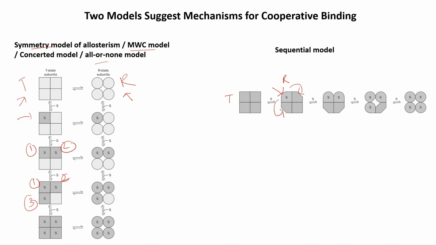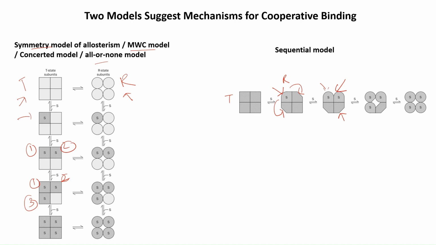Like you can see, these two subunits are the neighboring subunits, so their shape changes a little. Now, the binding of the second ligand to the second subunit will change the shape of the subunit neighboring that subunit. So likewise, when the ligands are getting attached, the subunits are getting converted from the T state to the R state.